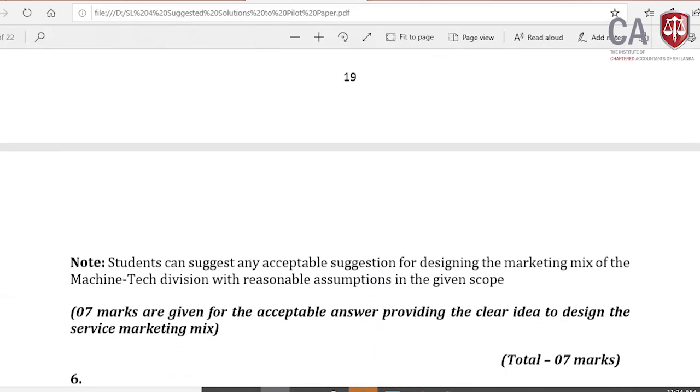Look at the note given by the examiner. Students can suggest any acceptable suggestion for designing the marketing mix of the machine tech division with reasonable assumptions within the given scope. 7 marks are given for an acceptable answer providing a clear idea to design the service marketing mix.